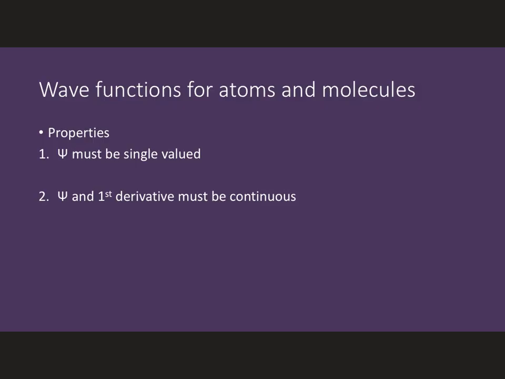The second property that must be fulfilled is that our wave function must be continuous and have a continuous first derivative. So, for example, if I did something like this, where it goes to a sharp point and then comes back, at the top here we would say, wait a minute, we have a problem. It's discontinuous here. So this is not an allowable function.